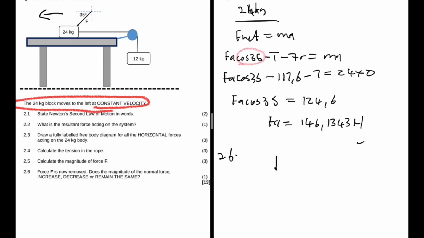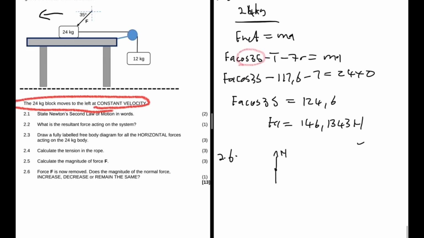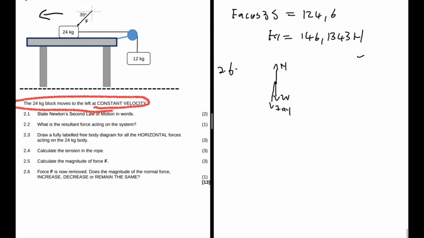The normal force is pointing up, obviously, and then we have the weight going down, and we have F applied Y, right? So clearly from these forces, the normal force is equal to the weight plus FAY. So if you remove this force, the normal force goes down. Clearly, the normal force will go down. So here we're going to have decrease.